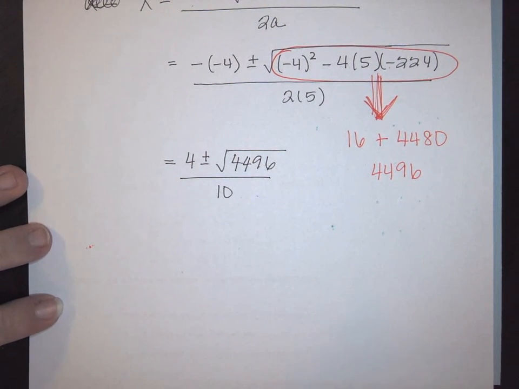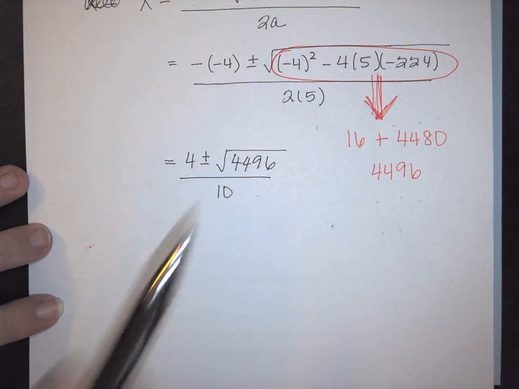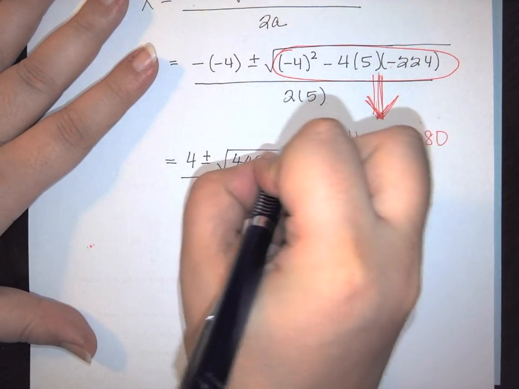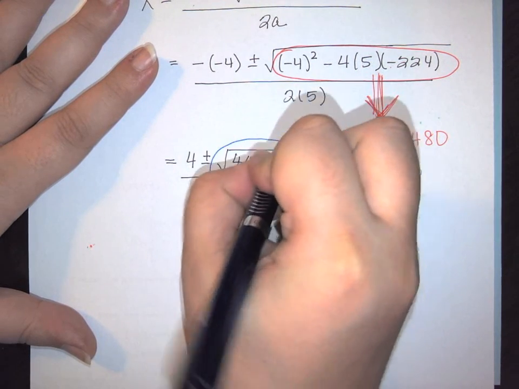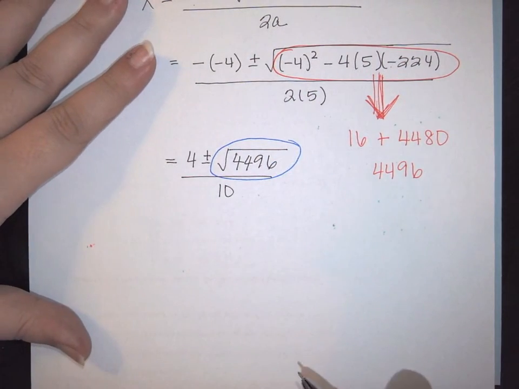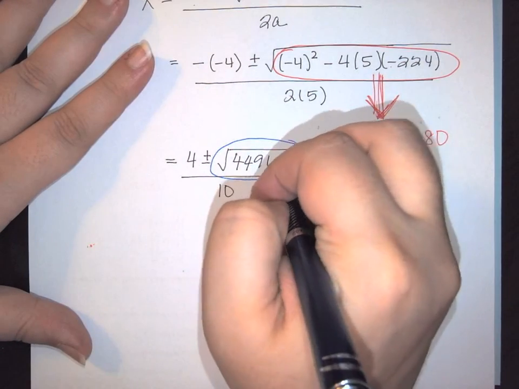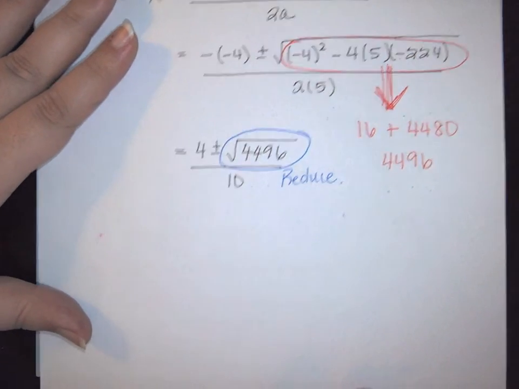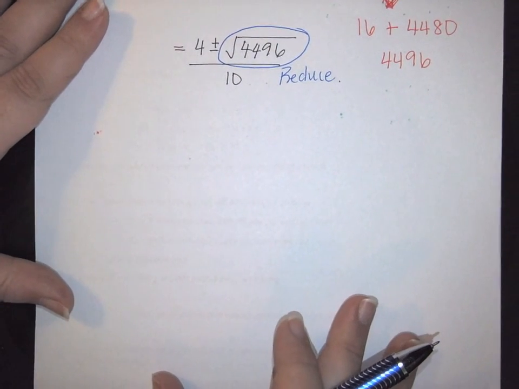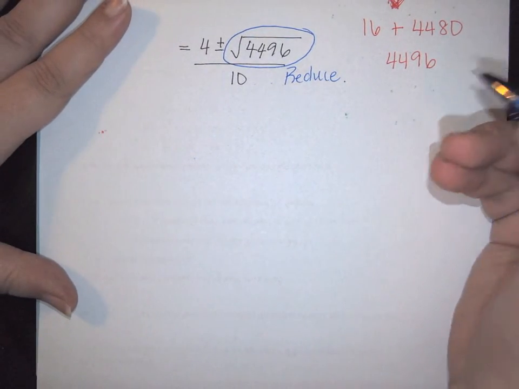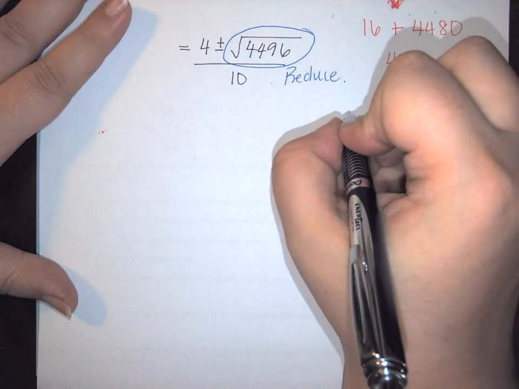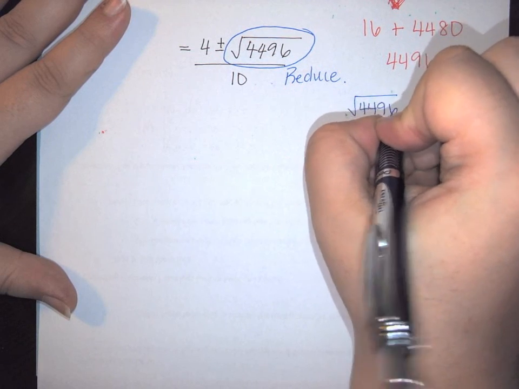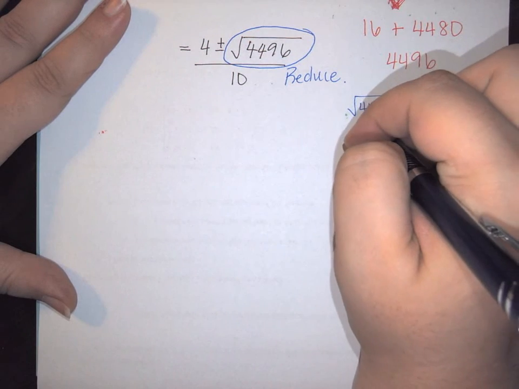Now the next thing we have to do is reduce the radical. So we're going to look just at this radical piece, the square root of 4496, and reduce it down.